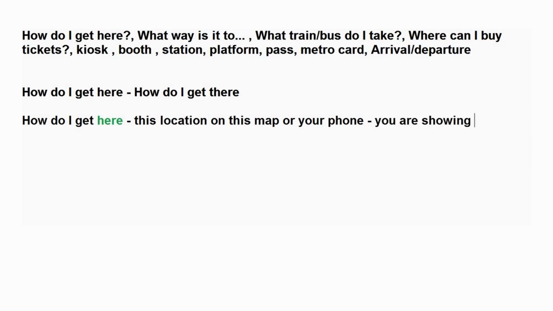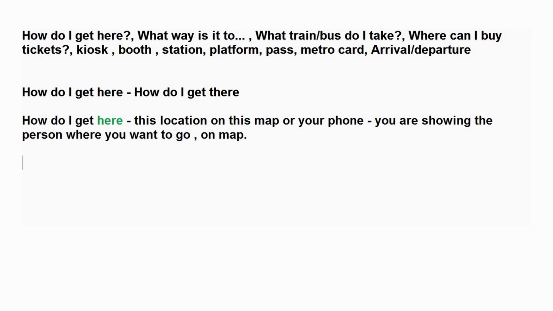You are showing the person where you want to go, okay, on a map. So how do I get here? And then you show on the map, right? So how do I get here?